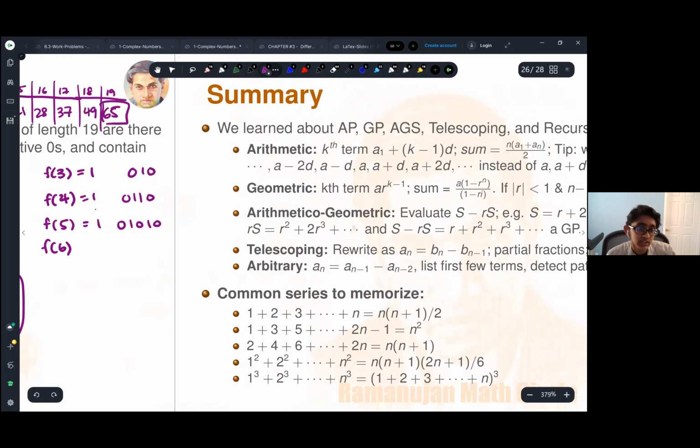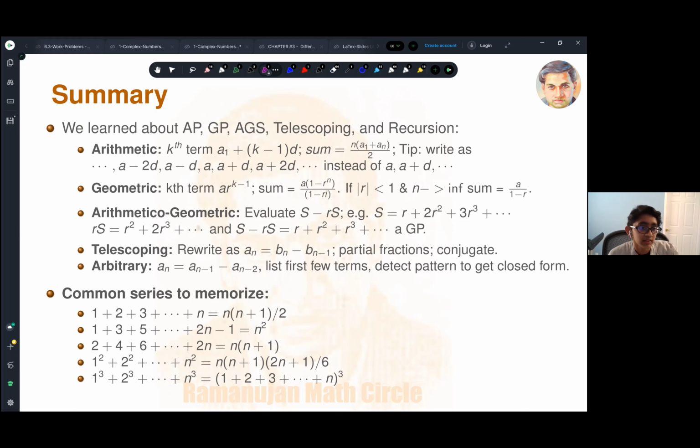So let's go to the summary. We learned about arithmetic series, geometric series, arithmetic-geometric series, telescoping, and then random series. And I would actually call these recursive in particular. But there are also random series that you can try to get a closed form for and try to find patterns for.